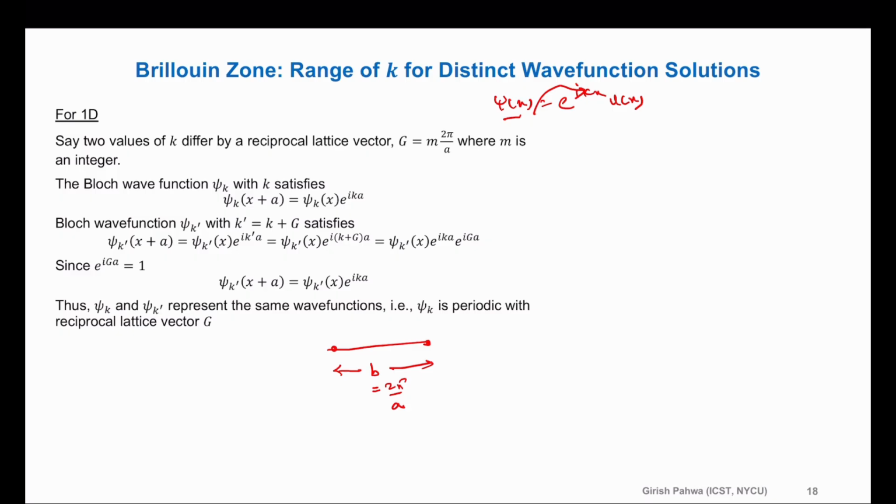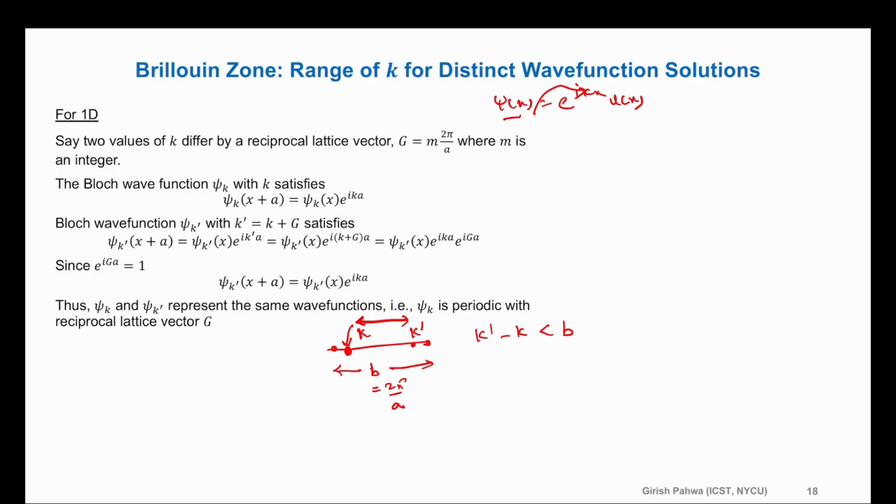And I have one k value here, say this is k, and I pick any point k dash here. The distance between them cannot be larger than b. Correct? So k dash minus k will always be less than b.